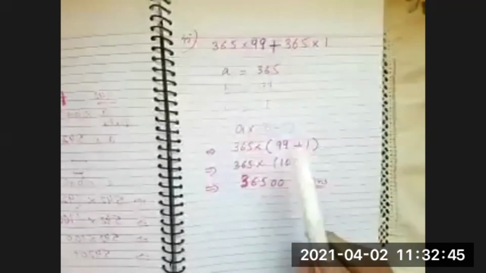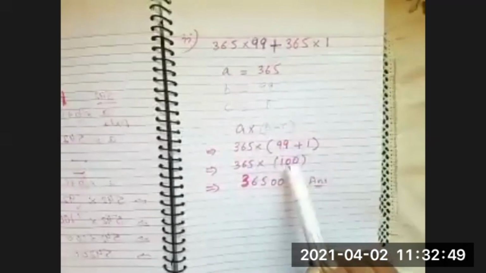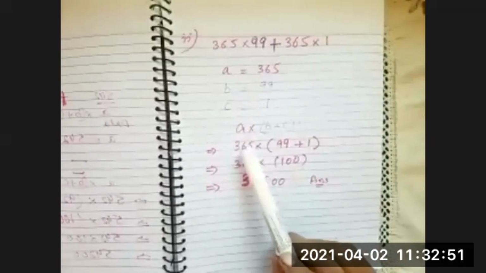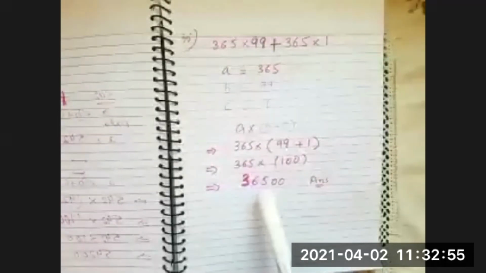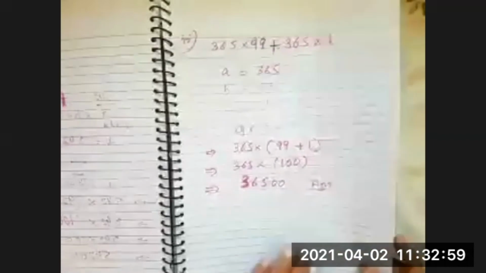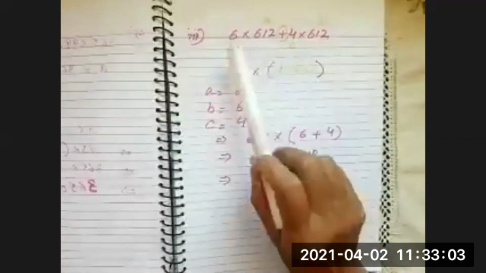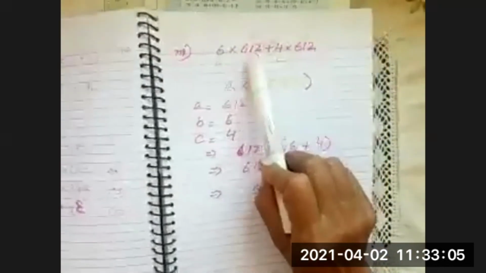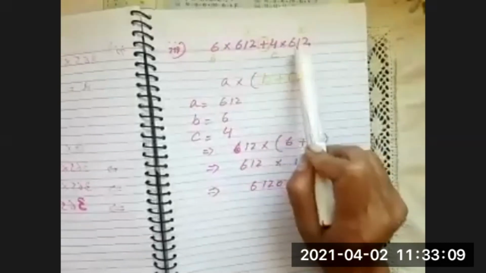B plus C, 99 plus 1, you will add both the quantities, you will get 100. Then A is 365. Multiply 100 with 365, you will get 36,500 as your answer.